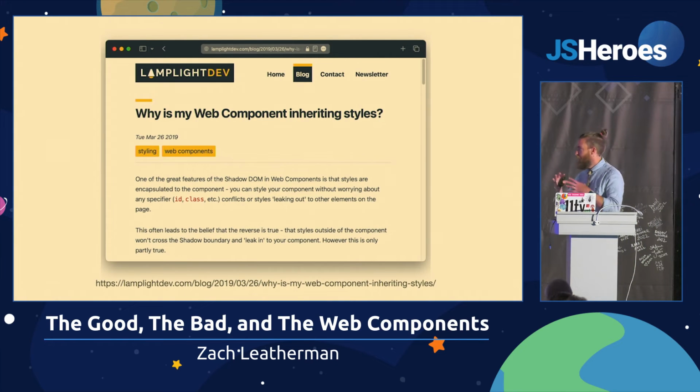Now, it's not completely insulated. Some inherited styles do break through, which I think is important because you don't want to have to customize the font color, and all the things. There are a lot of inheritable properties that will break through that Shadow DOM barrier. But I think that's useful, and you can learn more about that on Chris Haynes' blog post there.